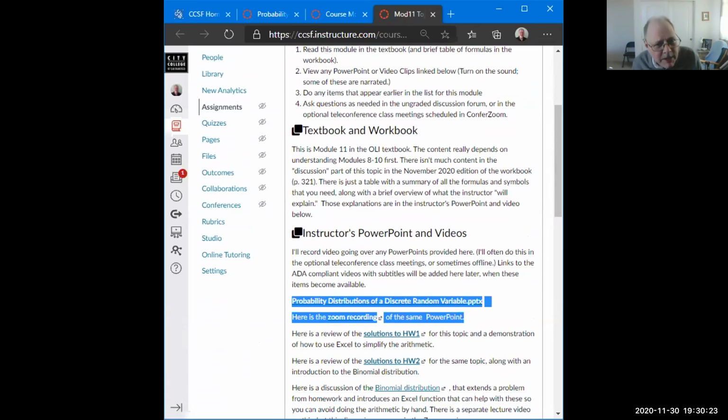Now that's not the same topic. What I was doing just now was the sample mean of a frequency distribution. The two processes are very similar. If you go through this PowerPoint and Zoom recording, I'll talk about both and show how they're similar. But for now, in this video, I'm just going to point out that similarity, try to use slightly different words this time and see how that communicates.